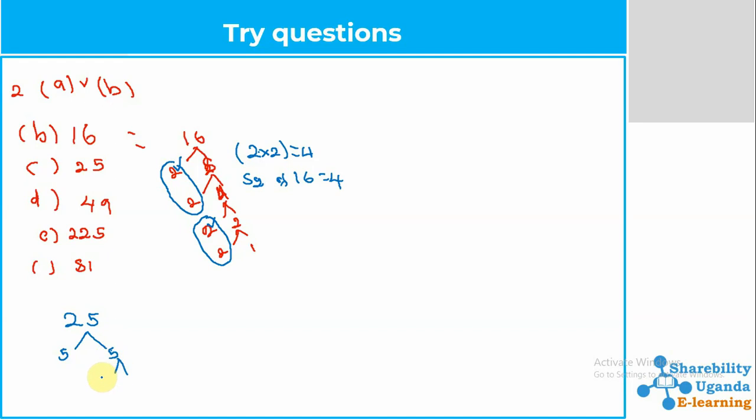Also divide our 5 by 5, we shall get 1. So this simply means that this is having only one pair. So when it has only one pair, that simply means the square root of 25 is going to be equal to 5.